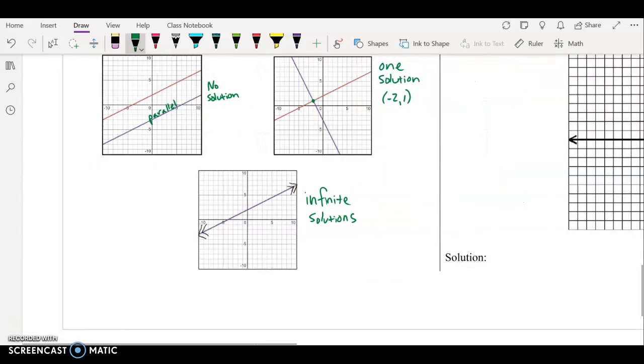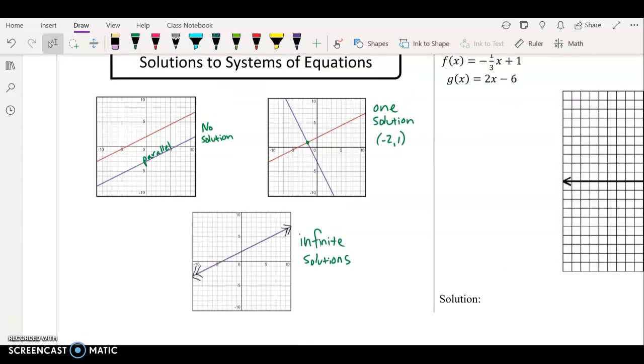So those are the three types of solutions you may encounter. Usually, almost always, we will be talking about one specific solution. But occasionally you will find ones that don't have a solution at all or have an infinite number of them.